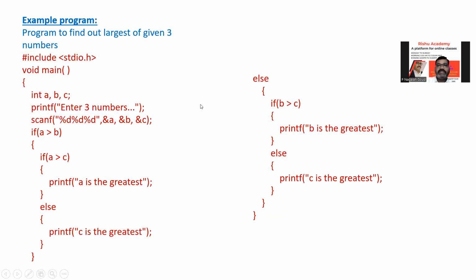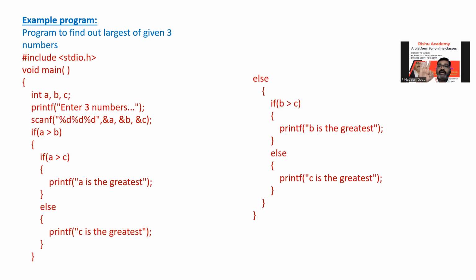Here it finds the largest number among three given numbers. What are the three numbers? I don't know the numbers, but I have to read them. I have to write the logic for finding the largest of three numbers. The numbers are unknown. You need to read the values from the keyboard and find out which number is the largest.